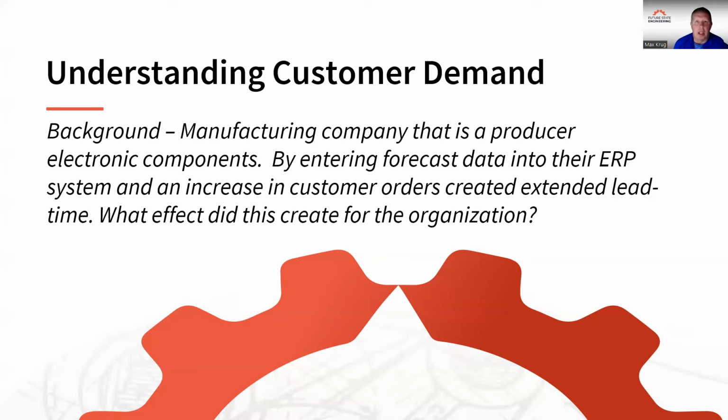And then, of course, that placed more demand on their system, which caused increases in lead times again. They communicate those lead times to the customer, and more orders start coming in. So all of a sudden, they're getting inundated with orders, and their lead times are going out to like 52 weeks.